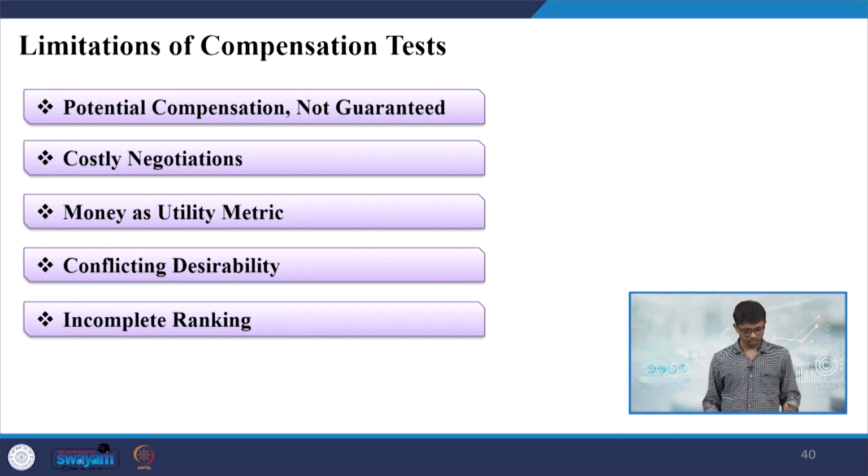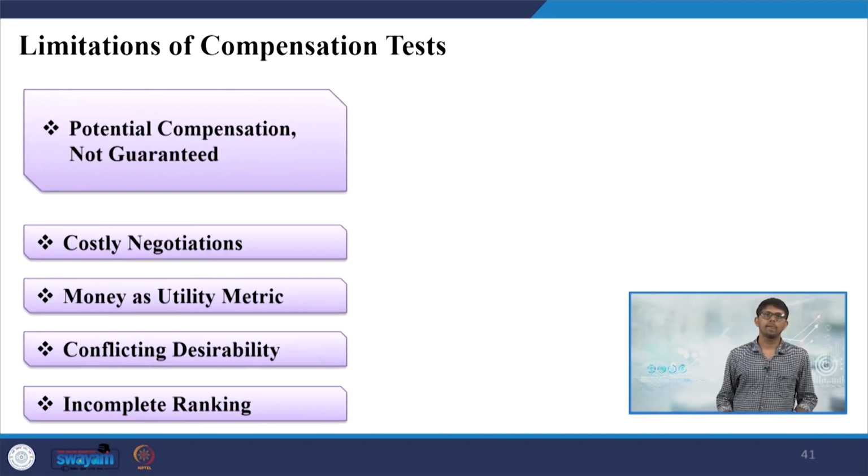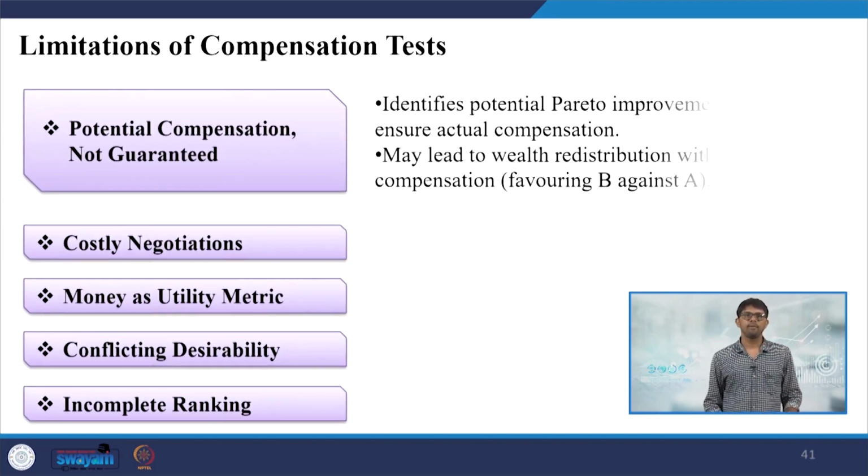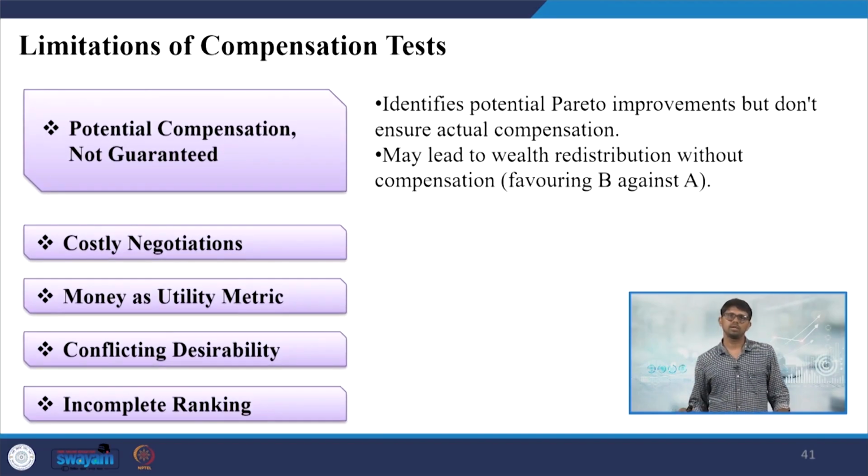There are these important points we have highlighted, starting with potential compensation but not guaranteed. This means that this identifies potential Pareto improvements, but does not ensure actual compensation, and may lead to wealth redistribution without compensation.